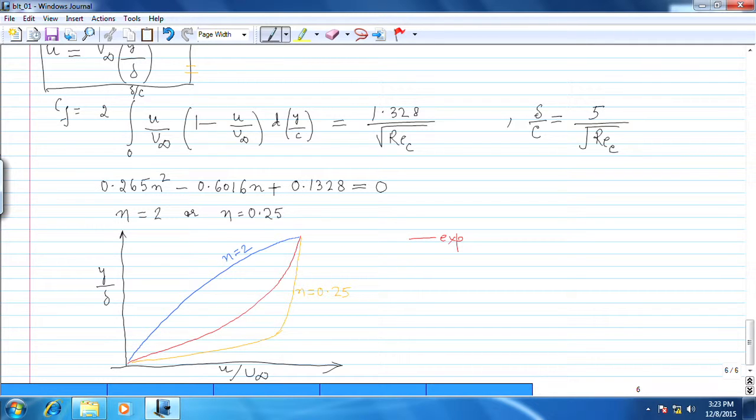We have an open test section, and there is a fan here and so on and so forth. That is the one which blows in, and this is a suction side.